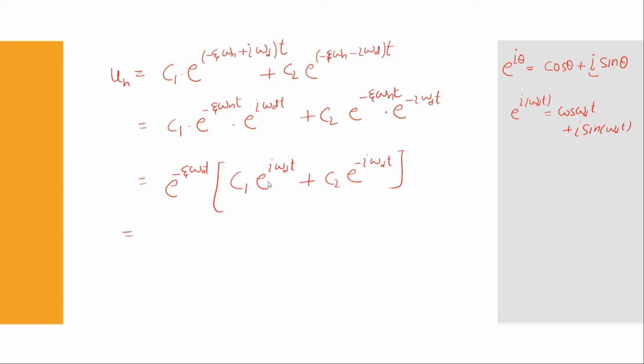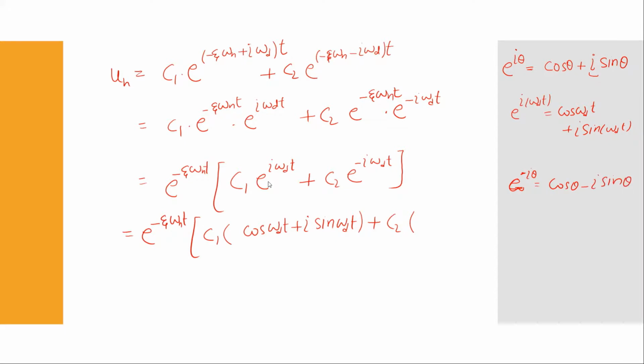So let's replace it. So e to the power minus xi omega nt, c1 into cos of omega dt plus iota sin omega dt, plus c2 into, so e to the power minus iota omega dt is here, it would be replaced with e to the power minus iota theta, which is cos theta minus iota sin theta.